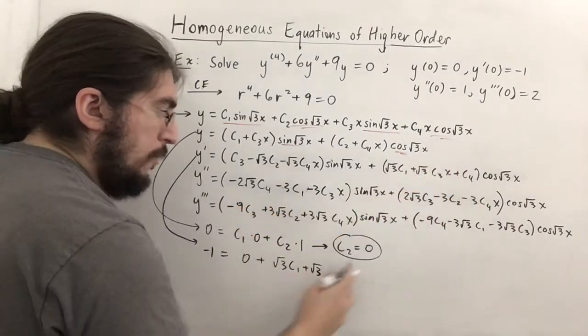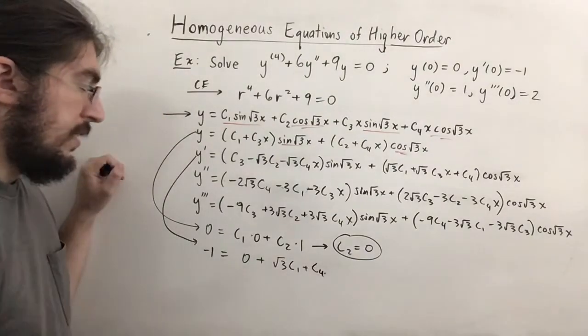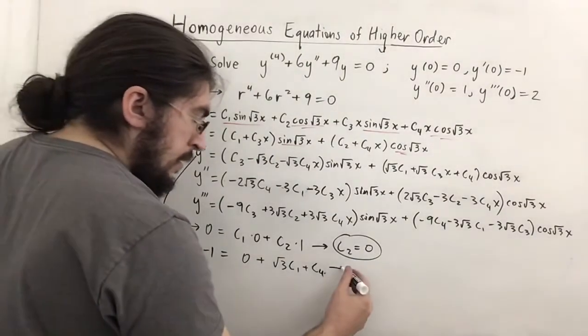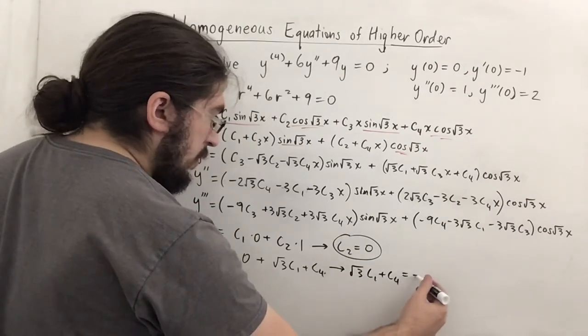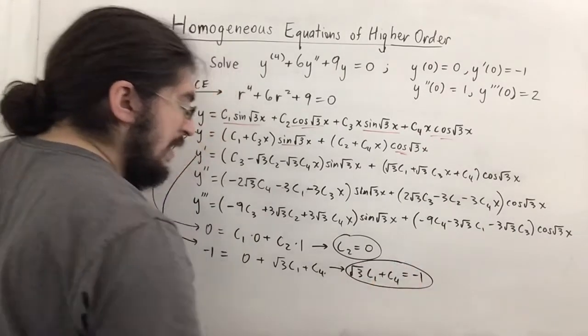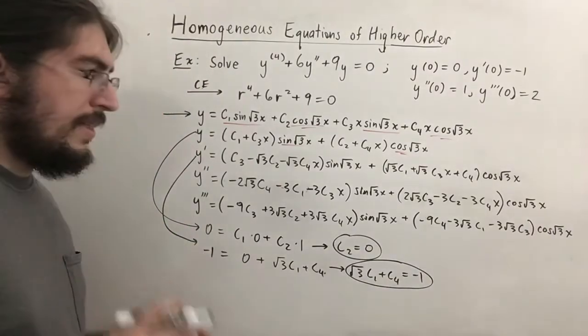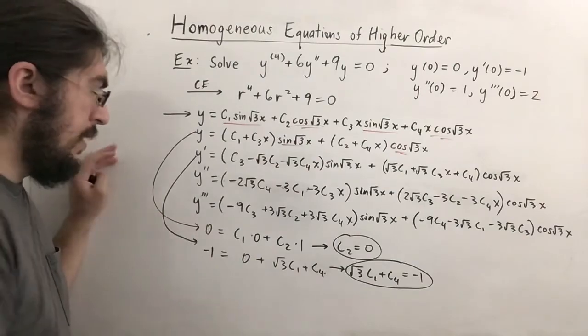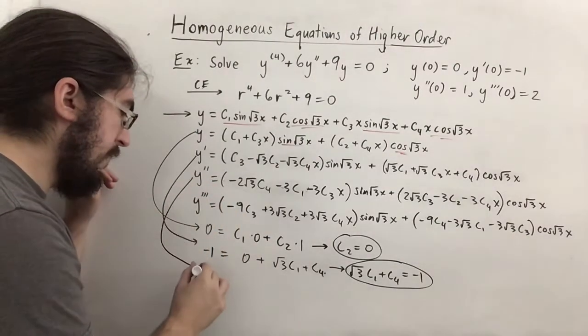That term actually is 0, my mistake. I meant to write plus c4. There we go. So radical 3 c1 plus c4 is equal to negative 1. I kind of smell a system of equations coming about, but I think it shouldn't be too bad.